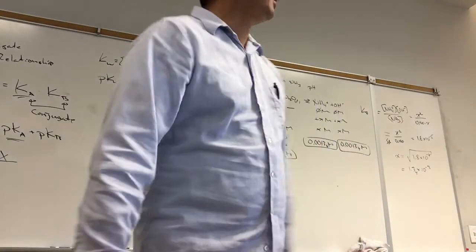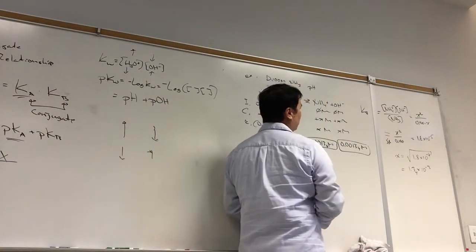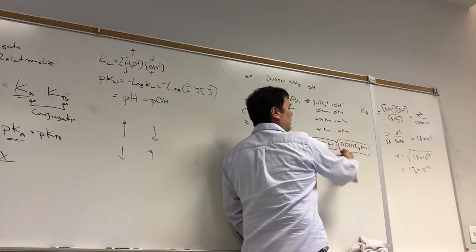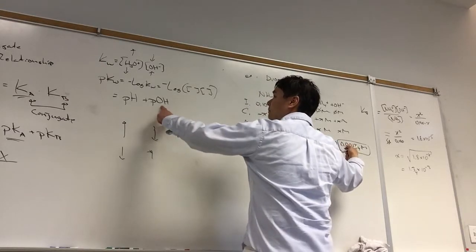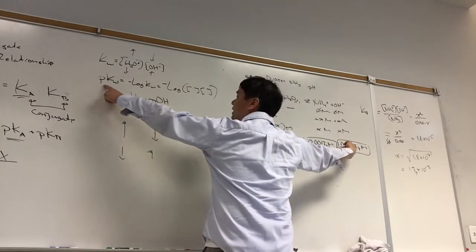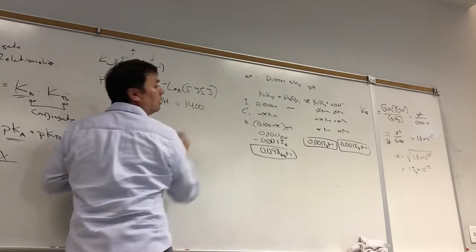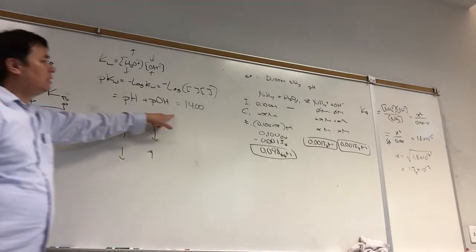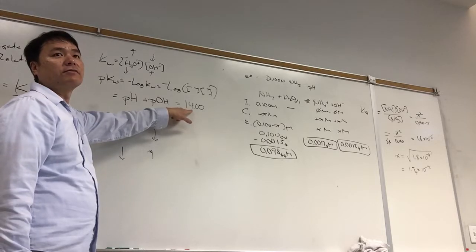What I do in pH calculations is I would calculate the pOH first. That is, take the negative log of this to get the pOH. And then it would be pKw, which is equal to 14.00. And so I just take the pOH and subtract that from 14.